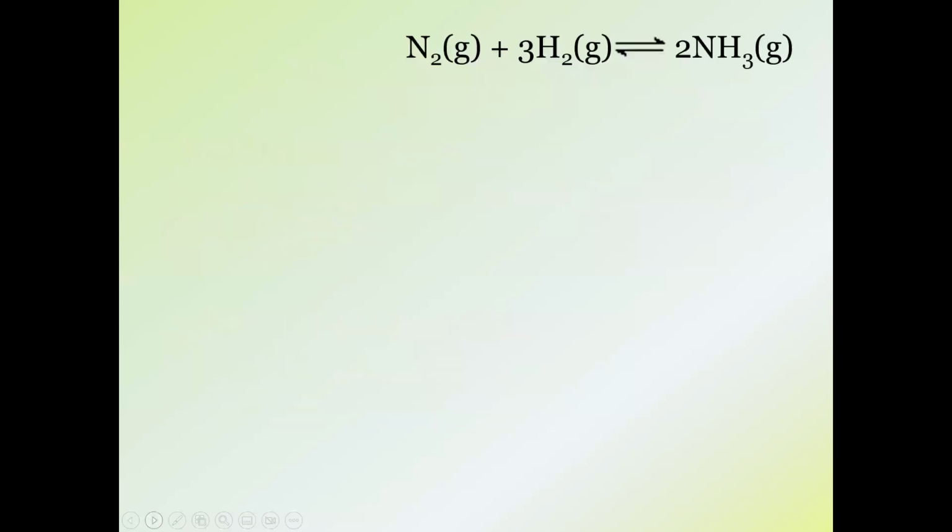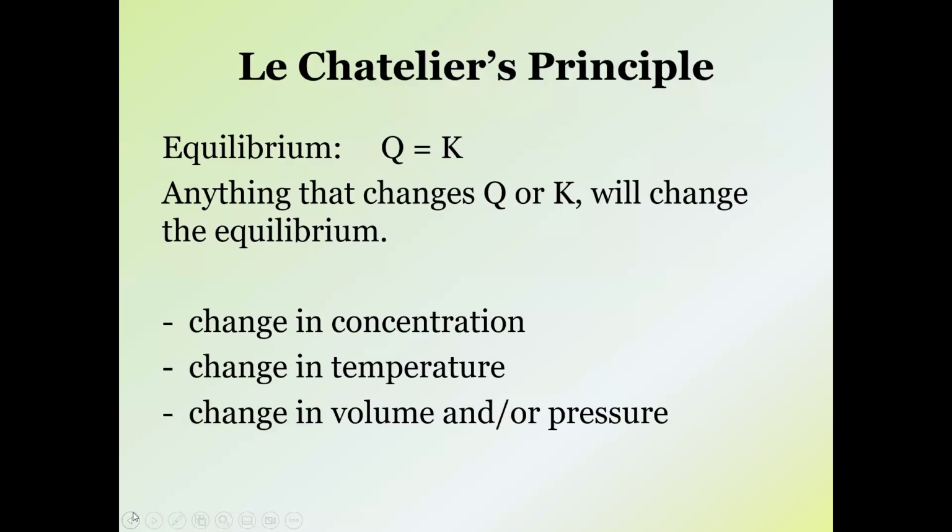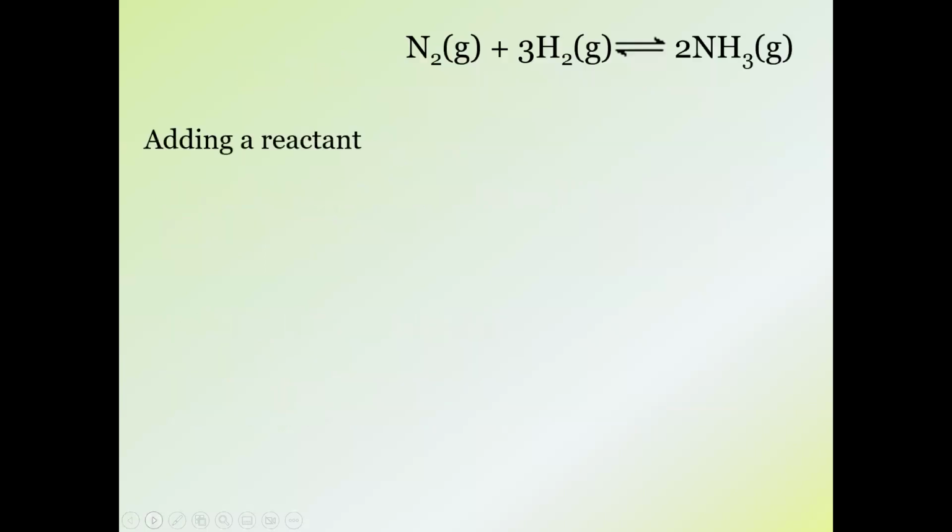So using our same reaction of the nitrogen and hydrogen producing ammonia, we're going to look at what happens if you add a reactant. How you want to think about this is think about an old time scale, and excuse my drawing, y'all know I can't draw.